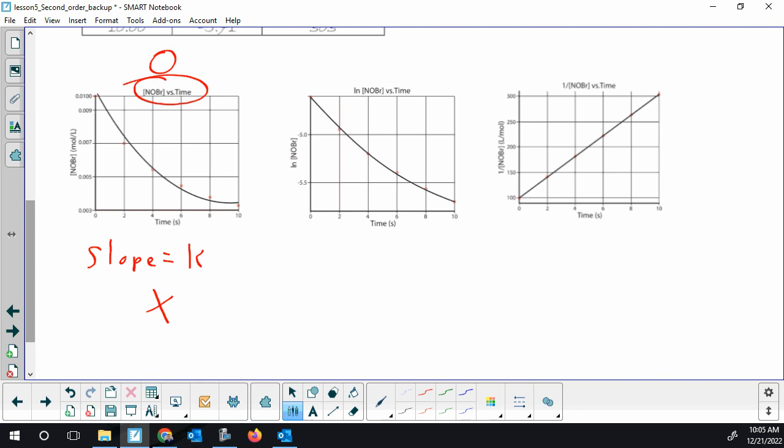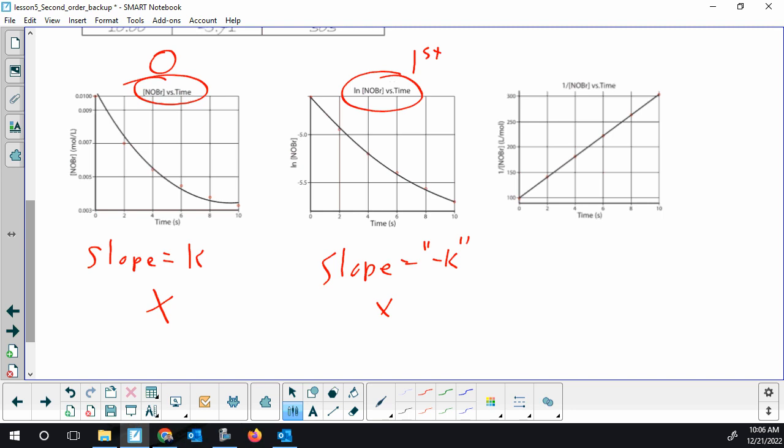Here's our potential first order, natural log versus time. This is our first order test. Here we would have a slope equal to minus k, and the slope would be straight. It's almost looking straight, but it's not quite. There is some curve to it, so that data is not first order kinetics.